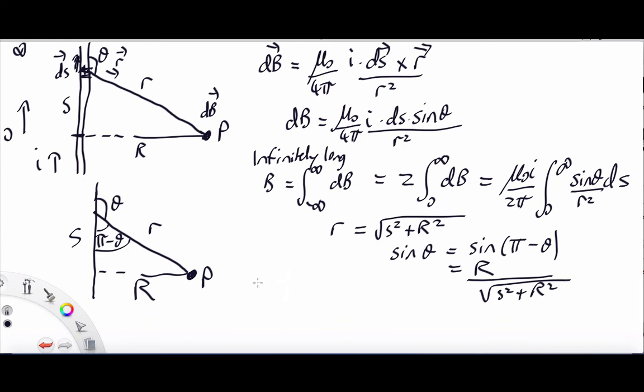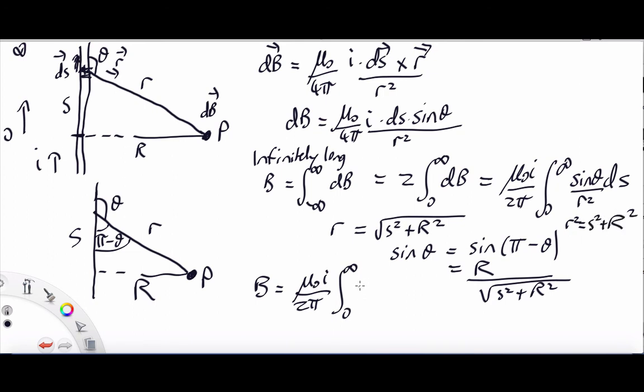So putting those things together, constants out the front, integral from 0 to infinity, we have sine theta is R over square root of s squared plus R squared, and r squared itself is s squared plus R squared.